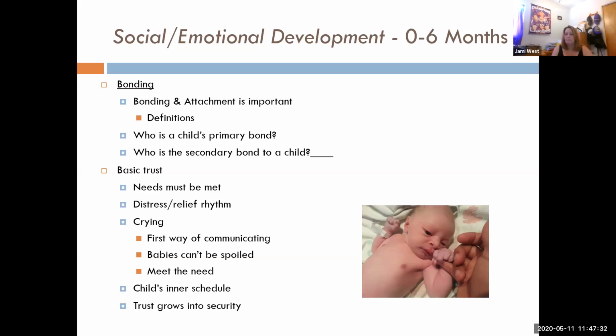That's just science. That's not theory, that's just science. Brain connections are being made in those times where their distress is not being relieved, and their needs are not being met. And that absolutely can affect their trust, okay?